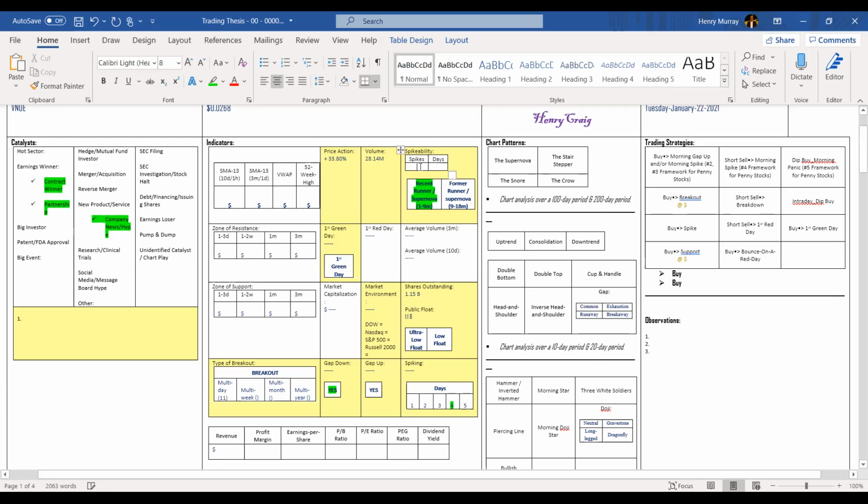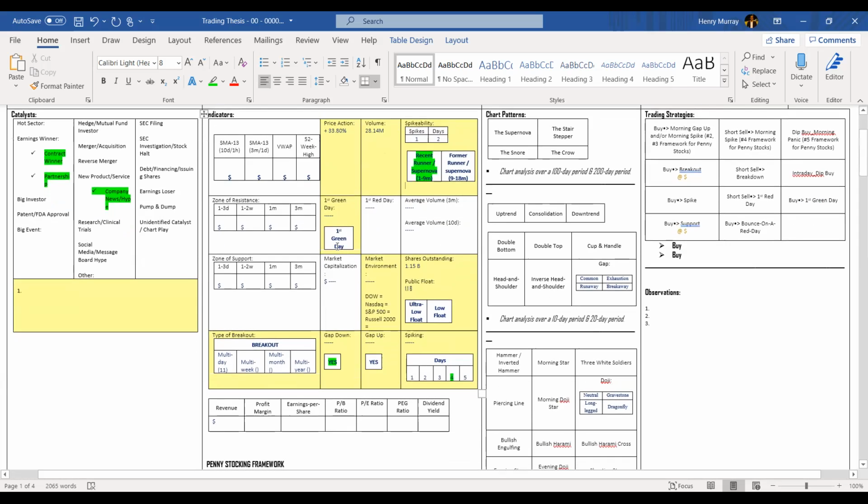In this case, we identified 1 spike prior to the current one, and it did run for 2 days. We identified that this stock, VNUE, is a recent runner. It's not displaying a first day green day, and the first day is a good indicator.